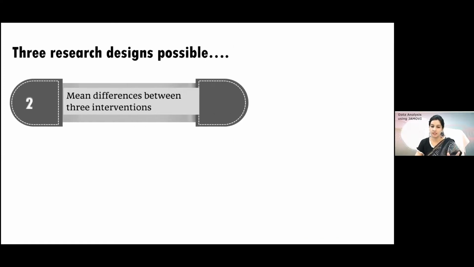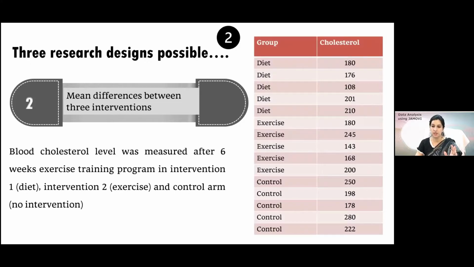The other type of research design could be, if I want to see the mean differences between 3 interventions. So you have 3 groups. There is a group of people where the intervention is through diet. There is a group where the intervention is through exercise. And then the third group is the control arm.